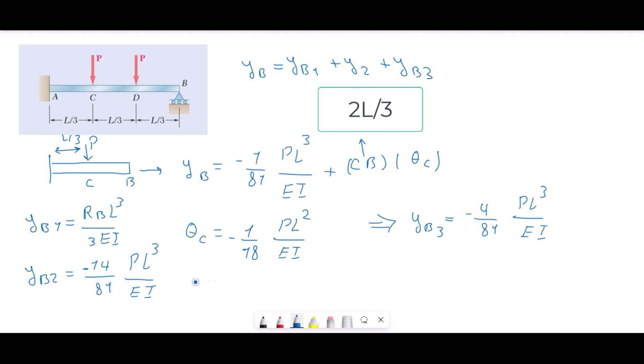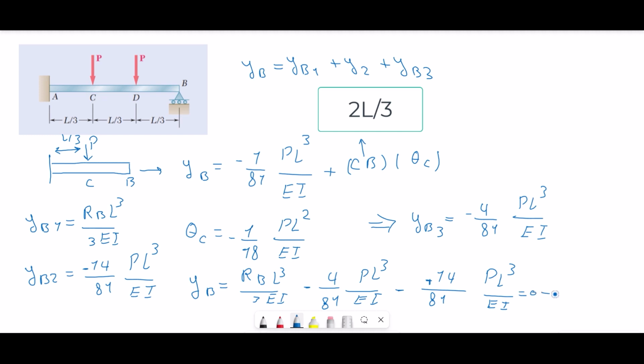So if we add all of these equations together, y of B will be equal to R of B L to the power 3 over 3 EI minus 4/81 P times L to the power 3 over EI, and minus y of B2, which is equal to... and if we solve this equation, we see that R of B is equal to 2/3 of P. So this is our first result.